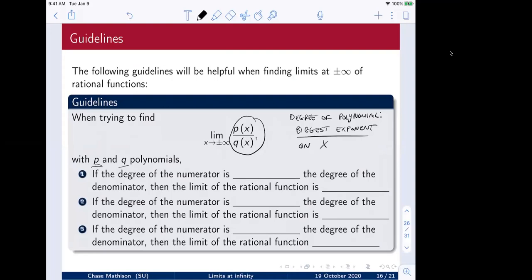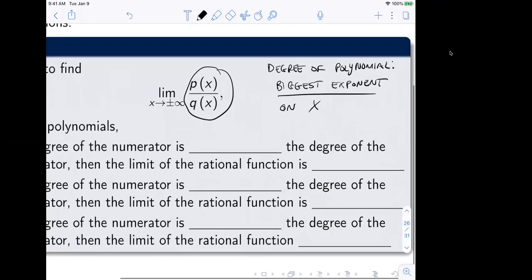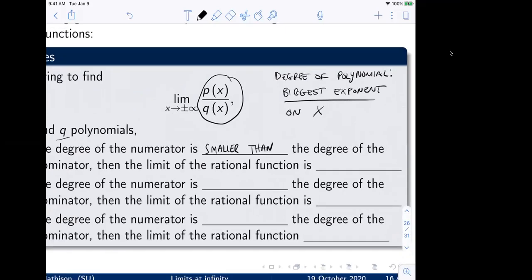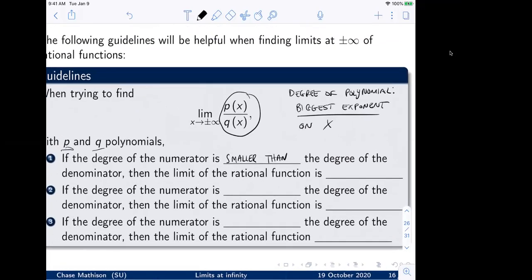Okay, so if the degree of the numerator is smaller than the degree of the denominator, then the limit of the rational function is 0 as x approaches plus or minus infinity.